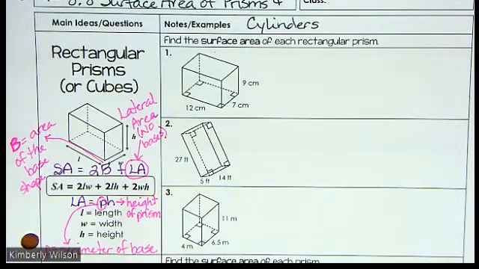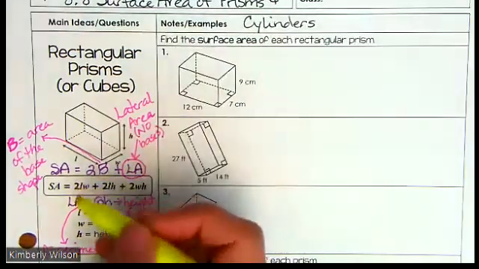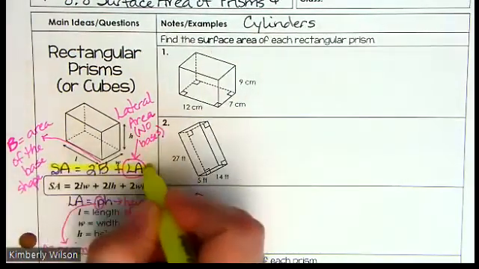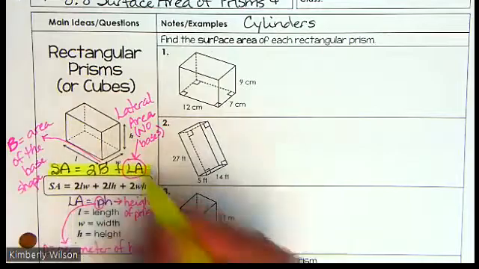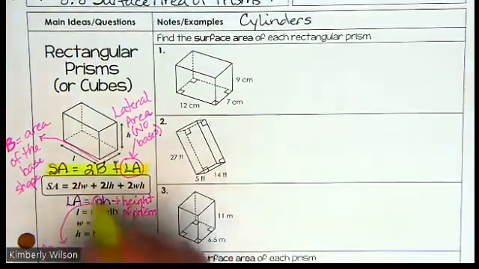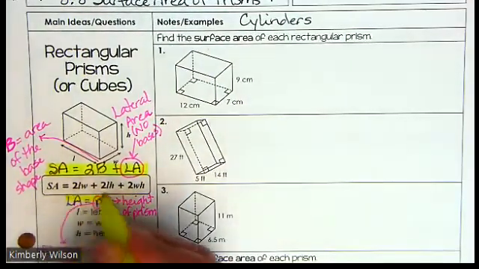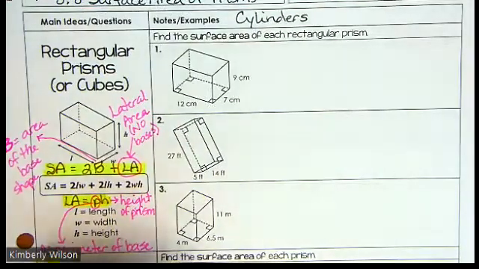We have the original formula for surface area, which you're going to be using very commonly. You need to make sure that you understand that the lateral area is found by doing the perimeter times the height, and that the P is the perimeter of the base figure.